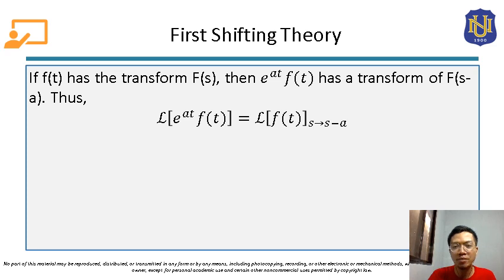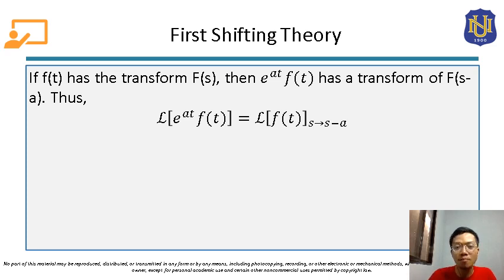So here, let's say the given is e raised to at times f of t. So if the given is e raised to at and it is multiplied by any function, of course, we cannot use linearity of Laplace transform here because this is a product.